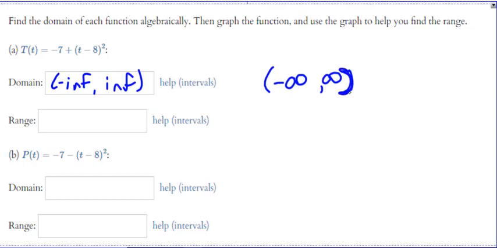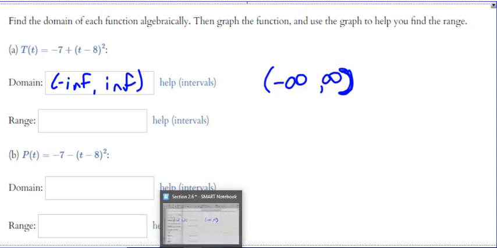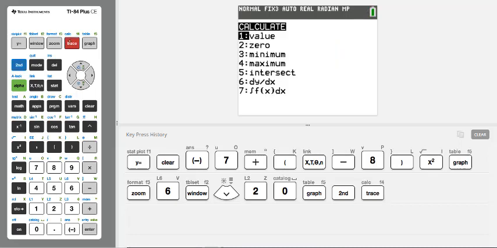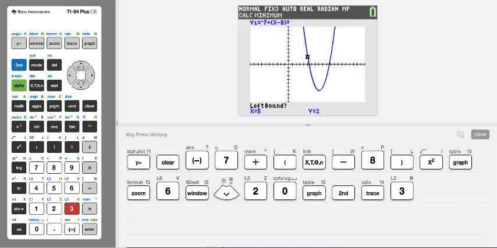Okay, always get parentheses. Now, the hardest part now is just finding, okay, this quadratic is opening upward. So what is the lowest point? And that lowest point would be down here. So what we need to do is go hit second trace. We need to find a minimum. Okay, so we want to move it to about right there.